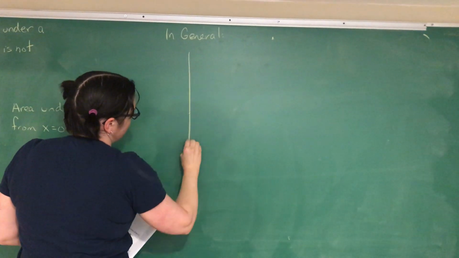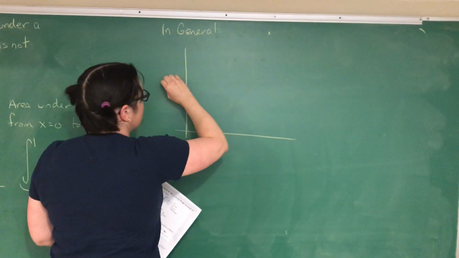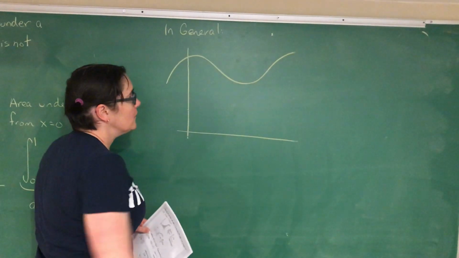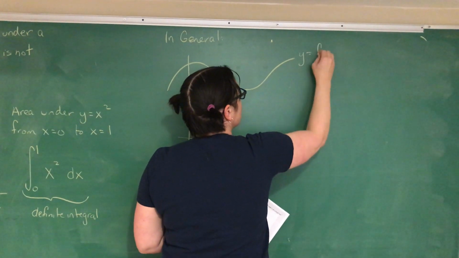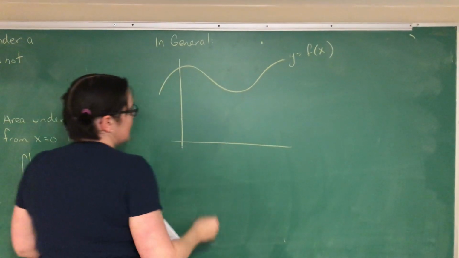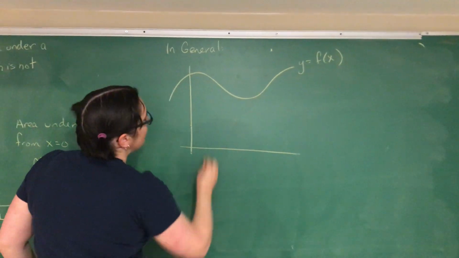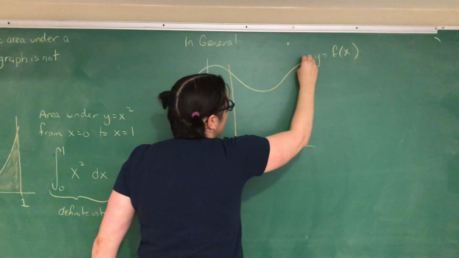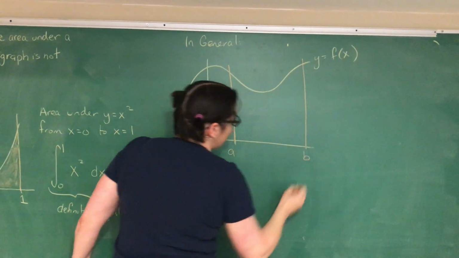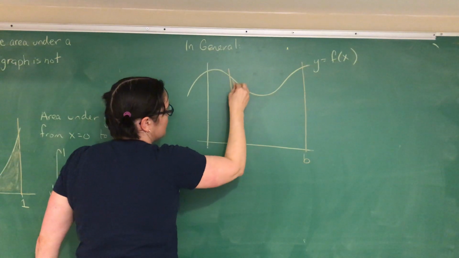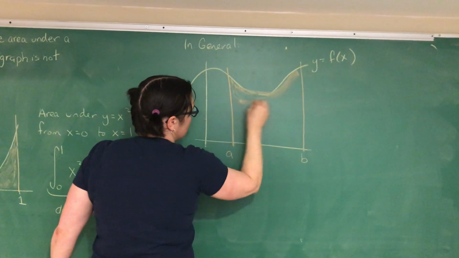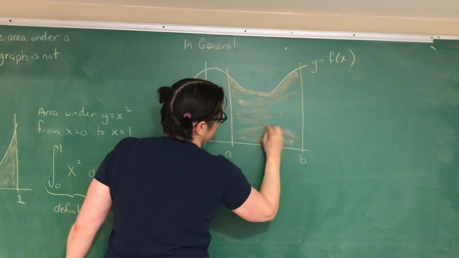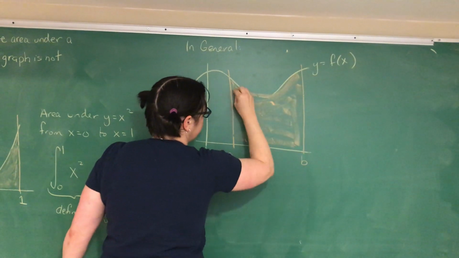if I had a random function, and here is my random function, there it is, y equals f of x. And let's say that I cared about the area under this function starting at an x value of a and ending at an x value of b, and I wanted to know this area right in here.